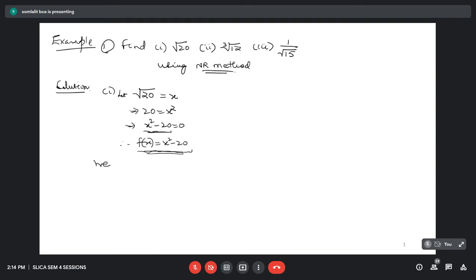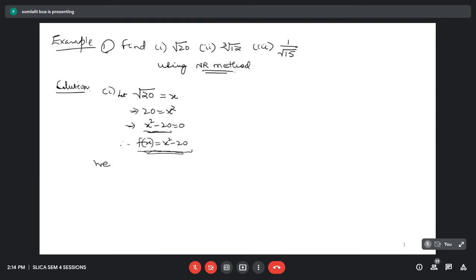You know that square root of 16 is 4 and square root of 25 is 5. So the value of root 20 has to be between 4 and 5, just by observation. Right? What's the square root of 16? You know 4. What's the square root of 25? You know 5. So this 20 is between 16 and 25.